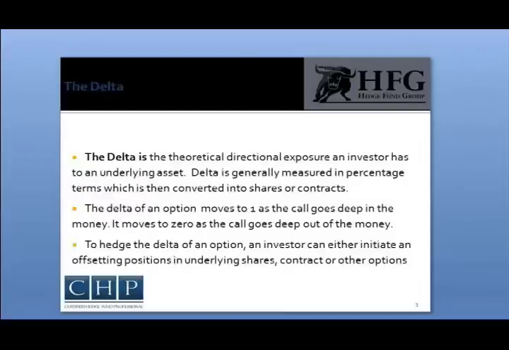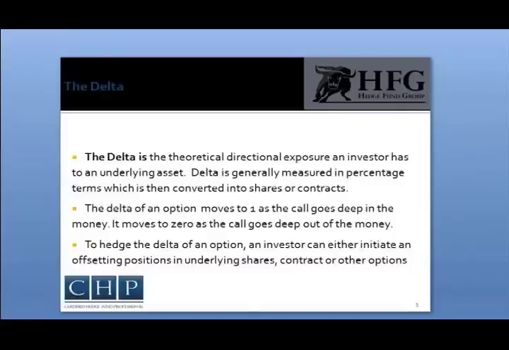The delta is the theoretical directional exposure an investor has to an underlying asset. Delta is generally measured in percentage terms, which is then converted into shares or contracts. For example, the delta of an at-the-money call option is approximately 50%. On one options contract, which is 100 shares, the theoretical exposure to any movement in the underlying market is 50 shares.